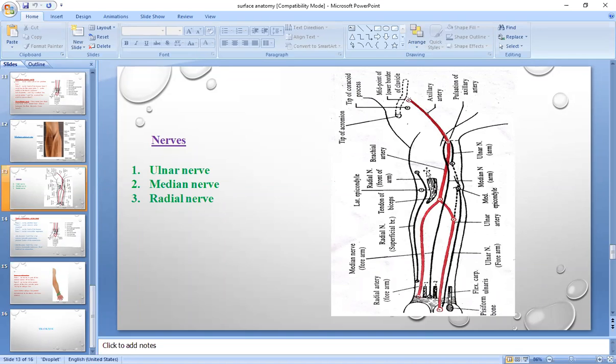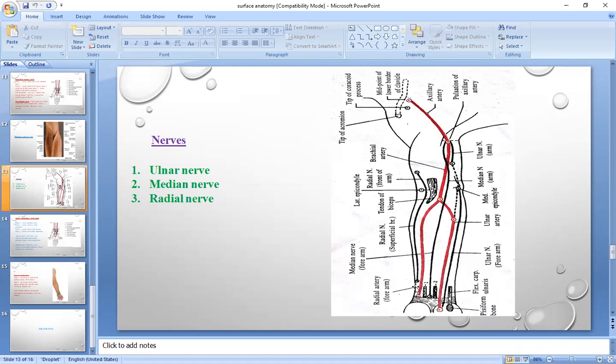I am repeating, what is this? Superficial branch of the radial nerve. The first point is at the junction between the brachioradialis and brachialis. Then the line should pass just medial to the lateral epicondyle. Then a second point 7 centimeters above the flexor retinaculum.